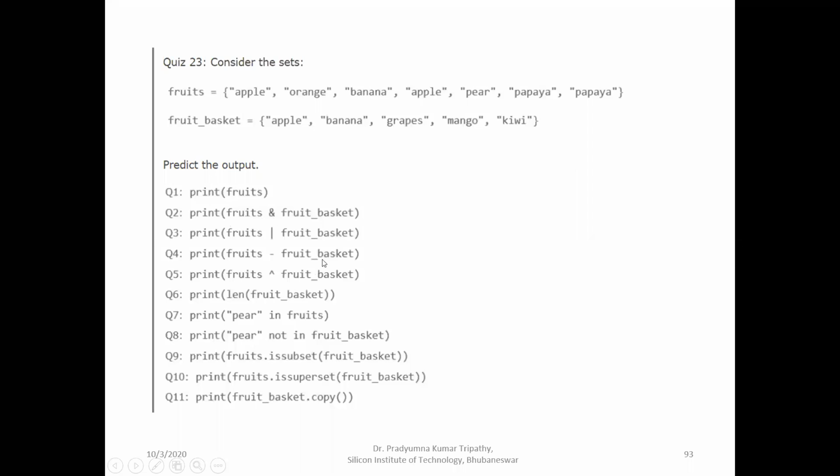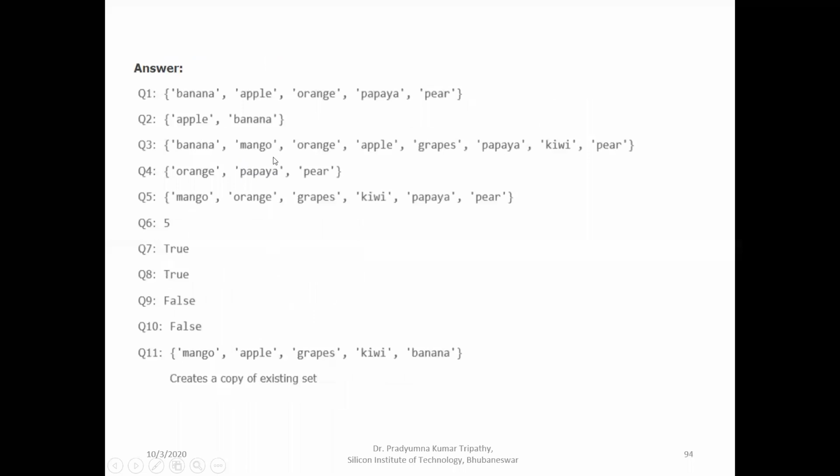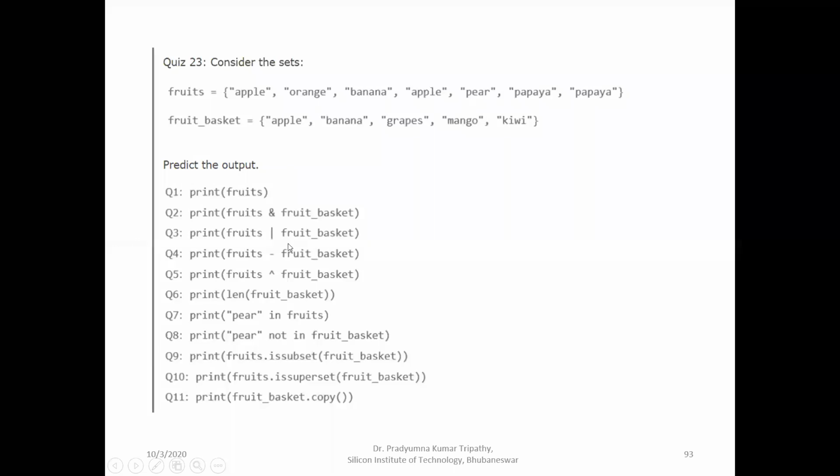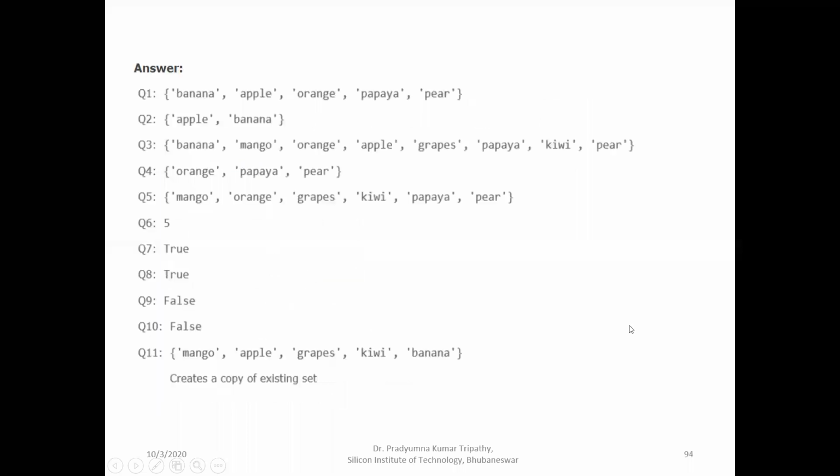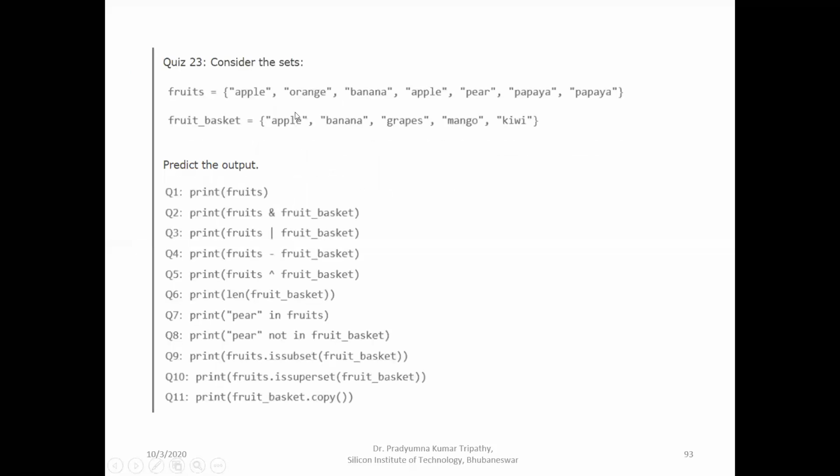The OR operator is 3 and 5. 3 is the OR operator, fruits and fruit basket. Mango, orange, grapes, kiwi.